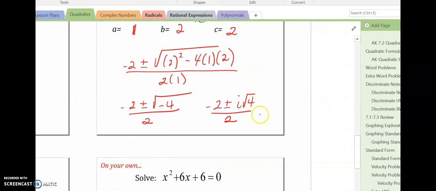Okay, I cannot put I in a calculator, so I get -2 plus or minus. Now remember, the square root of 4 is 2, so I get 2I over 2. Now, if you're really catching on, 2, 2, and 2 can all be simplified to -1 plus or minus I over 1 would be my answer.